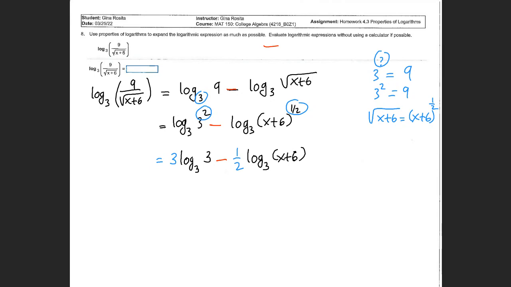So now, go to the next one. This is the same, caution. So I just write down again the problem: logarithm of x squared times y over z squared with base b. So we can write logarithm of x squared times y with base b minus logarithm of z squared with base b.